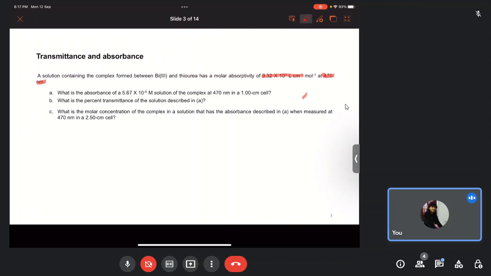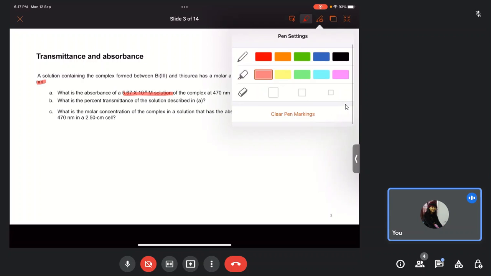The concentration is given, and the path length is also given, and we have been asked to find what is the absorbance value.